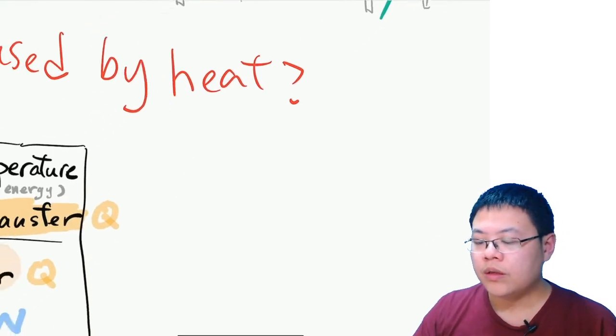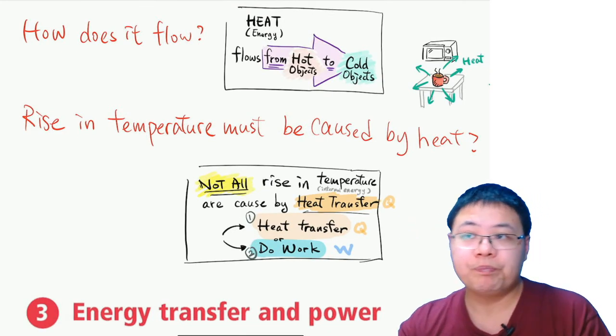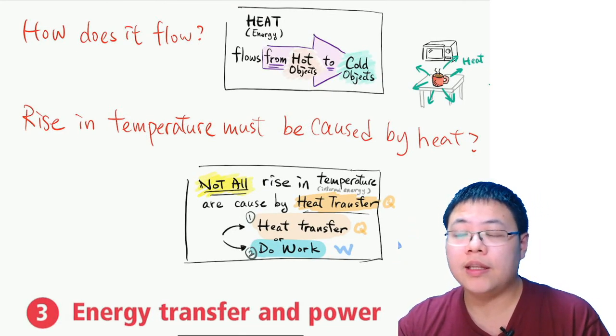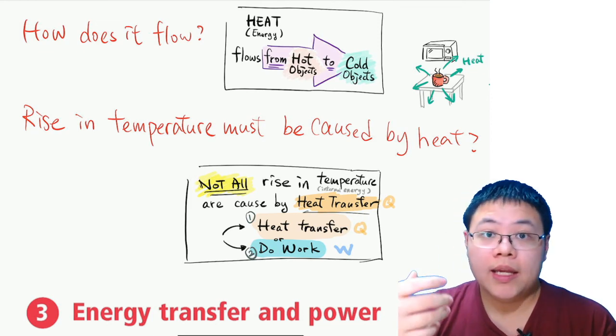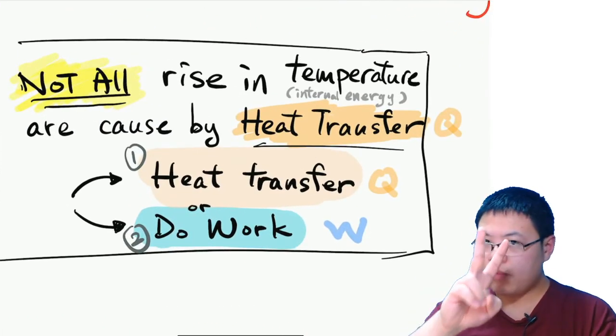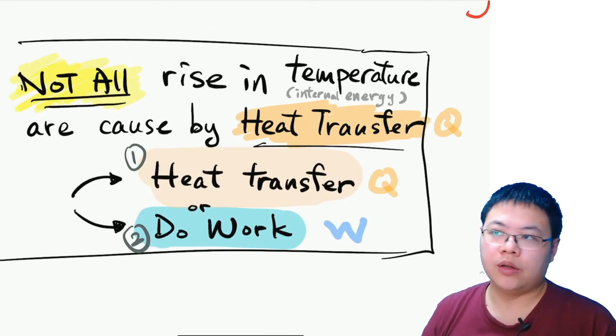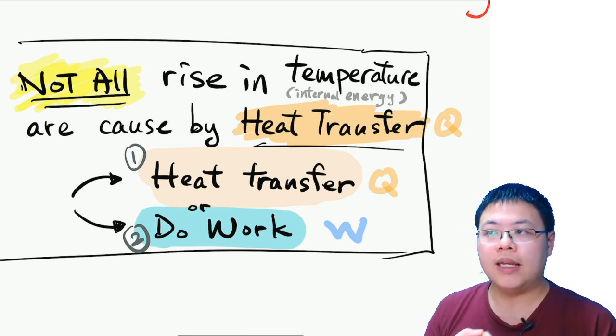Okay, and then the last bit is, if there is a rise in temperature, must it be caused by heat? And the answer is no, because there are two main ways to increase the internal energy. One is heat transfer.